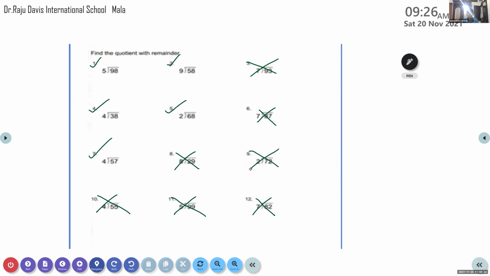The first one is 98 divided by 5. If you are not thorough with the table of 4, 9, 2, whichever table you are not thorough with, you can write it over there on the side. After finishing your work, you can click on that raise hand button.